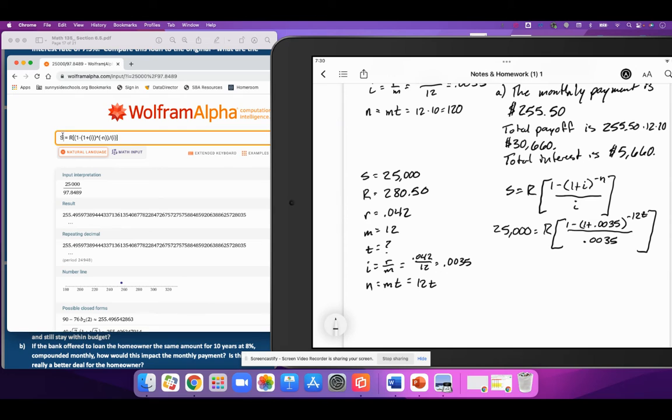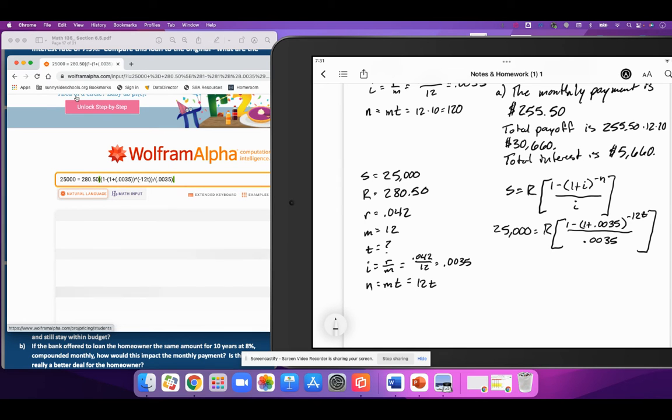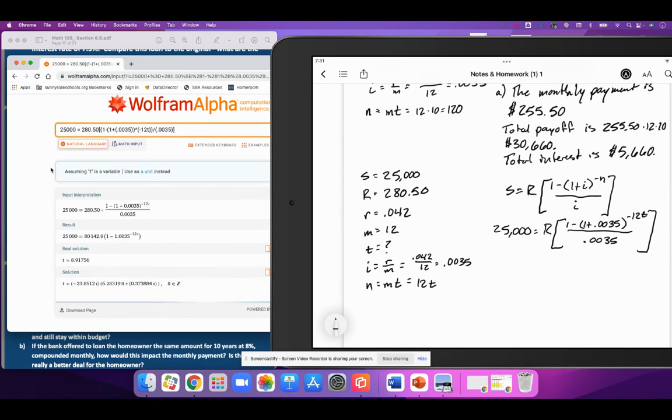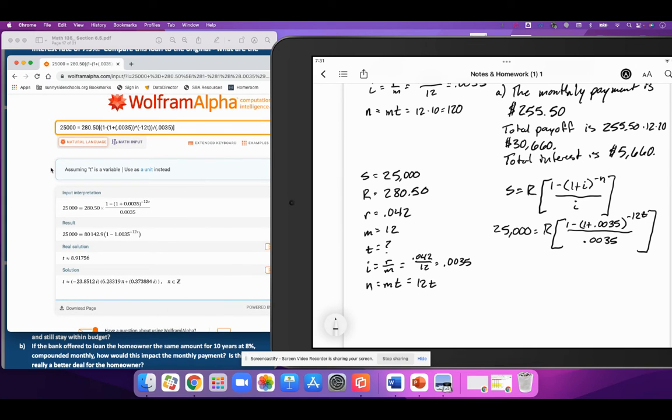So let's see how much sooner this person will have their loan paid off. And we're also going to answer the question of how much in interest that would save them. So $25,000, we know that the monthly payment now is going to be $280.50. I is 0.0035. N is 12t because we don't know how long. And then 0.0035 again. And what we're going to have is it's going to take 8.92 years.